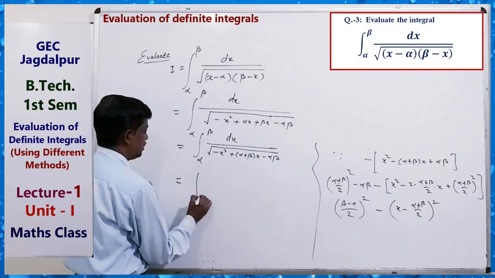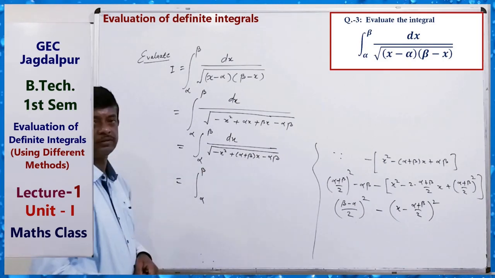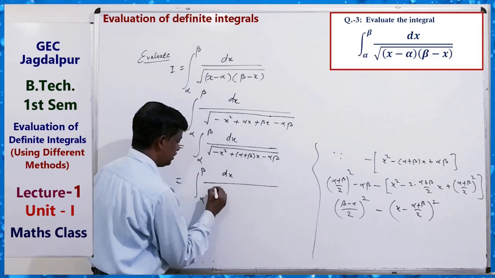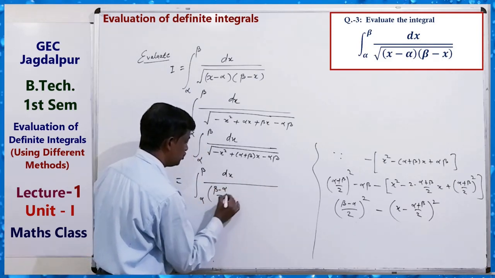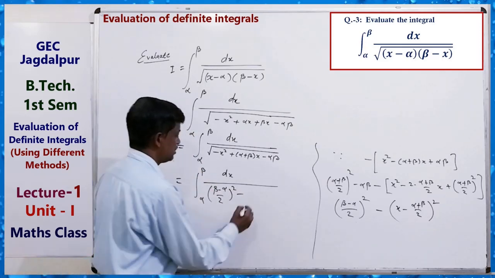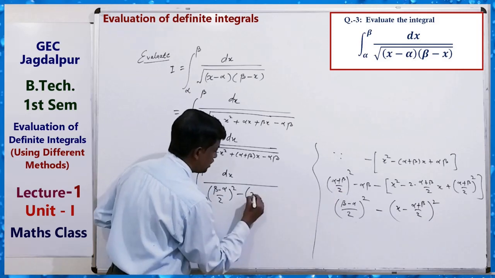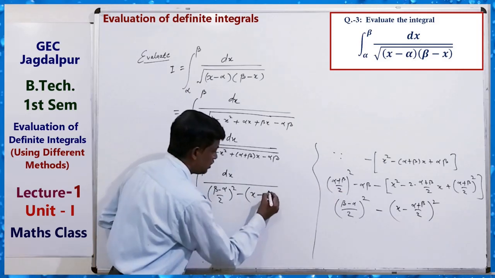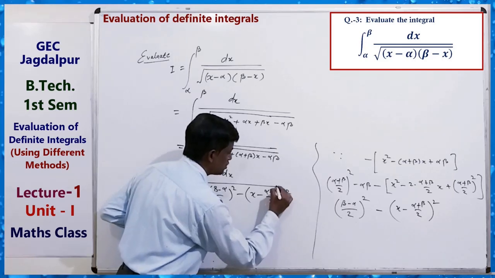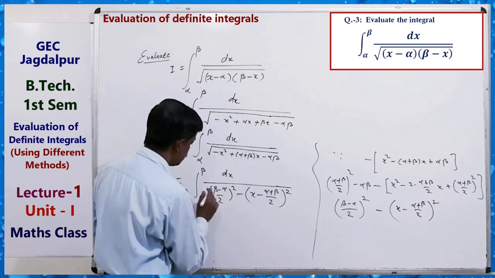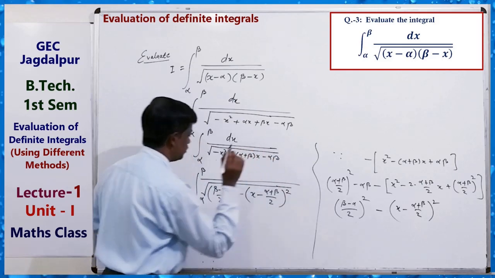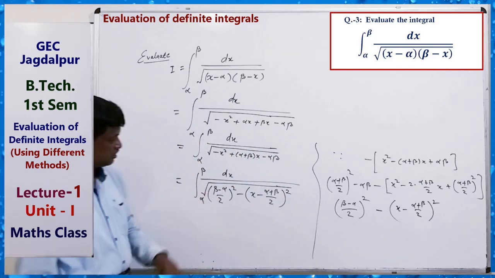So this is equal to the integral from alpha to beta of dx upon the square root of beta minus alpha upon 2 whole square, which is the constant term a square, minus x minus alpha plus beta upon 2 whole square, under square root.